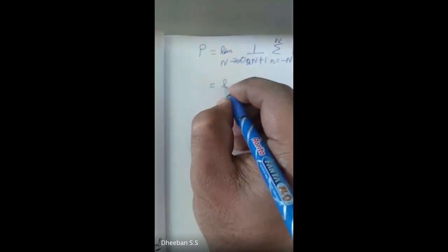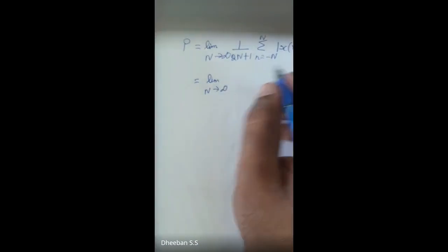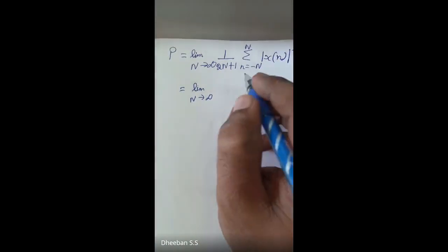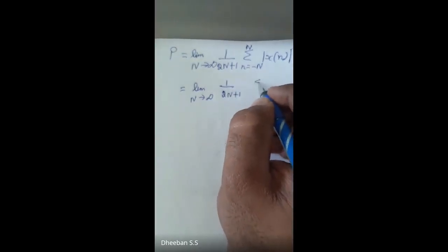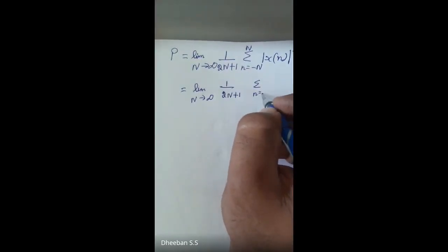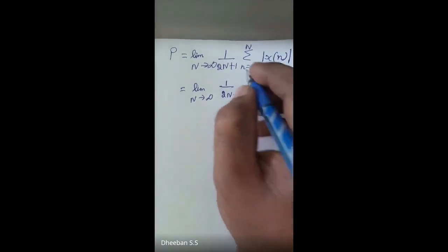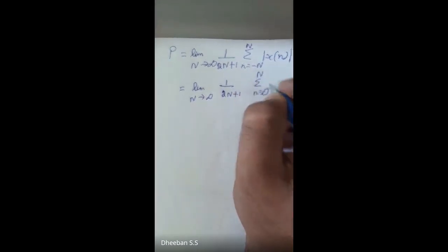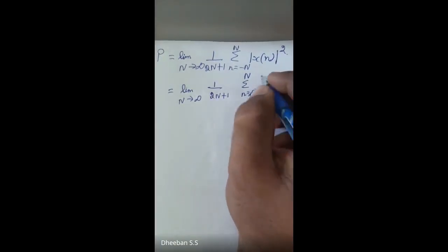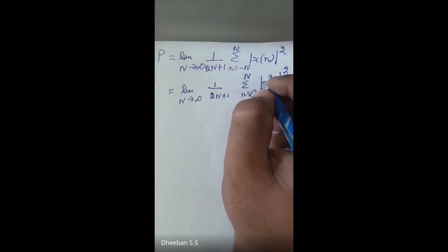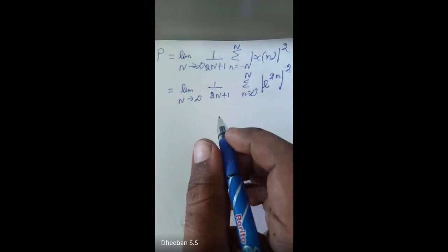So it will be limit n tends to infinity 1 by 2n plus 1 summation n equal to, you can take it as periodic, so you can take n equal to 0 to n, so it will be e power 2n, so again it will become 2, so 2 will be coming inside, so we will be getting 4n. Okay. E power 4n.